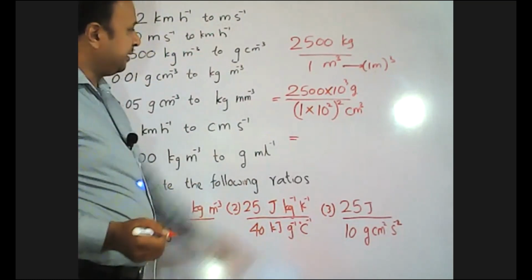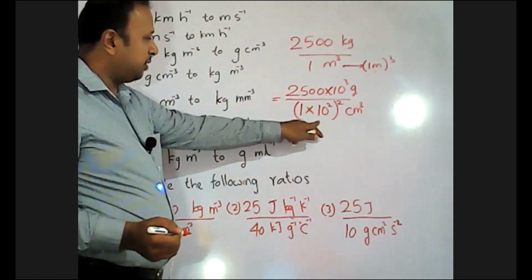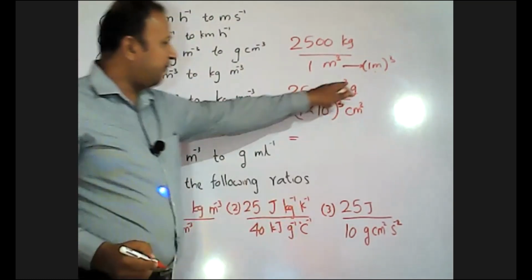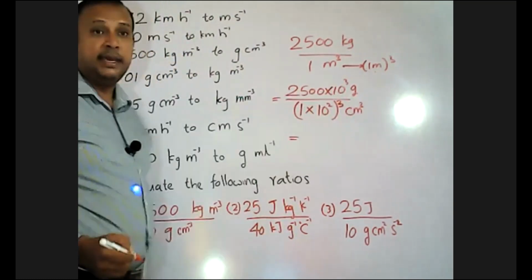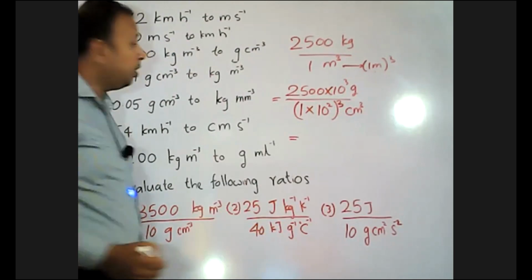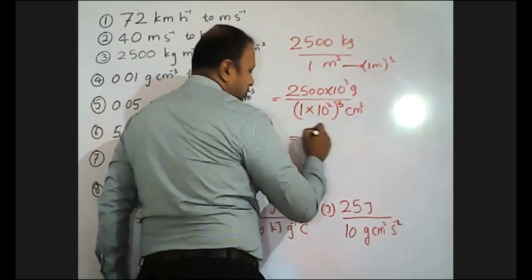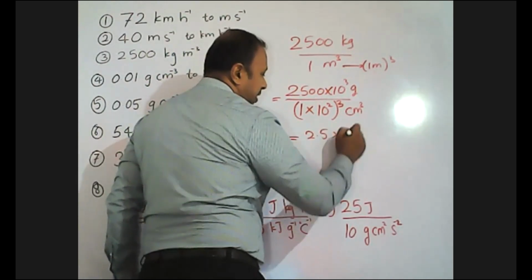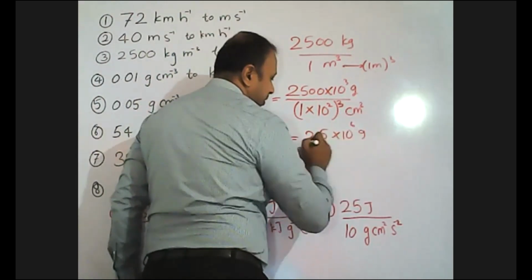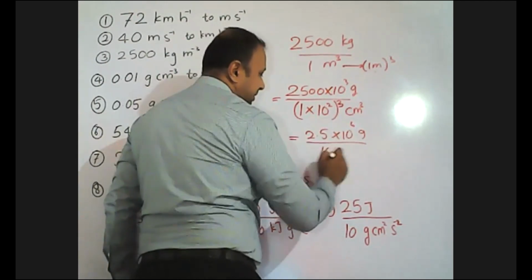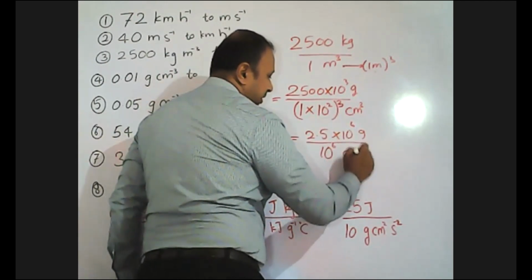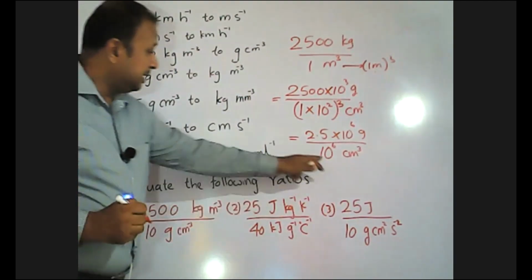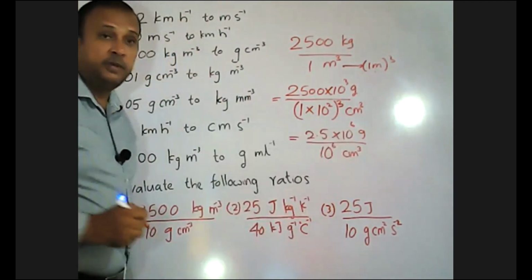Then there's 10 to the power 5 here, 10 to the power 6 in the denominator. So you can write this as 2.5 into 10 to the power 6 gram over 10 to the power 6 centimeter cube. Then 10 to the power 6 and 10 to the power 6 will be cancelled out.